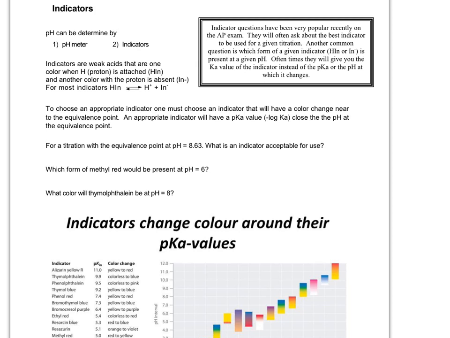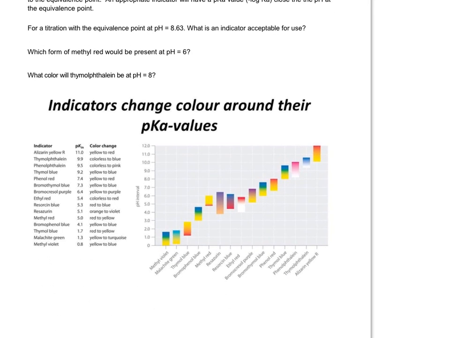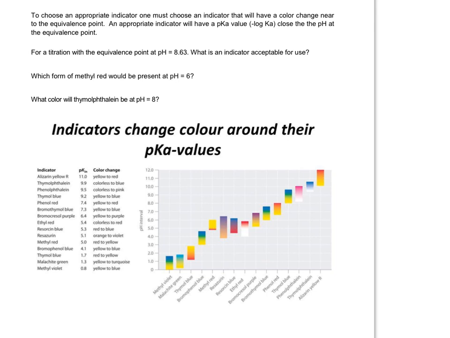Sometimes they'll give you the pKa values. Other times they'll give you the Ka, so you have to take a negative log of the Ka values. But let's look at our chart and see if we can answer this question. We want something that will turn around 8.63. And so maybe thymol blue would be good, phenolphthalein would be good, thymolphthalein would be good.